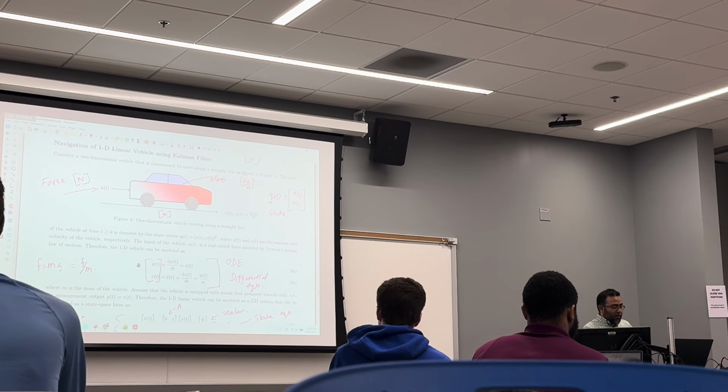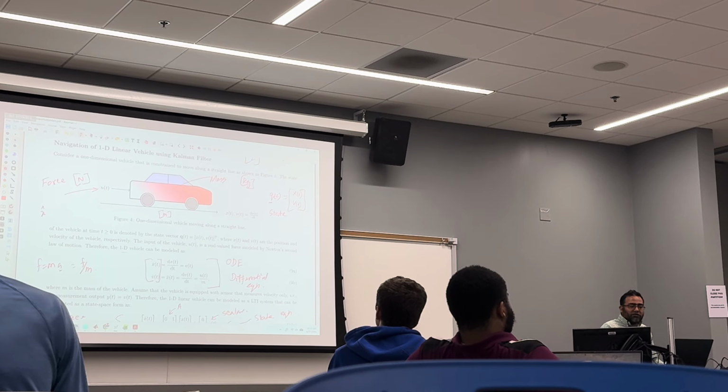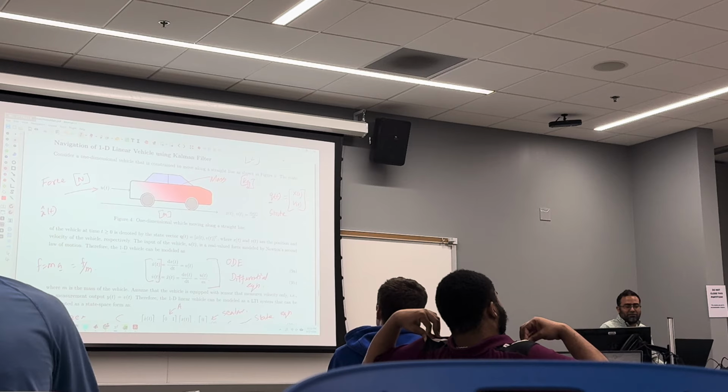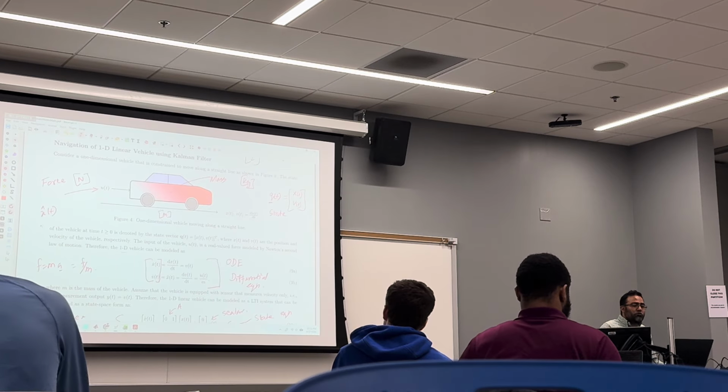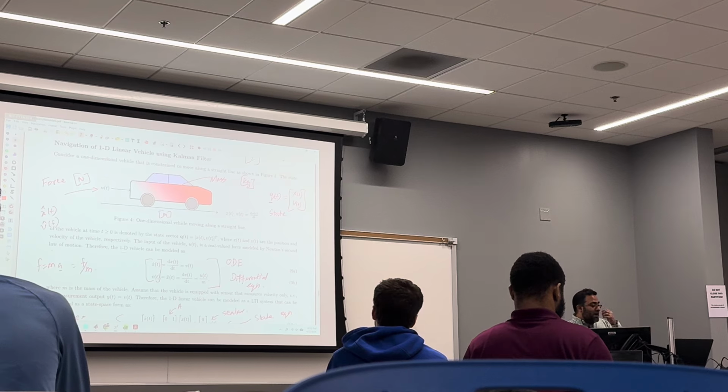The problem here is that we want to estimate the vehicle's position as a function of time, and we want to estimate the velocity as well. Again, we get a noisy velocity measurement. We do not know the exact velocity, so we want to estimate the position and velocity.